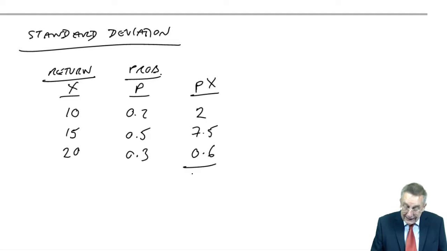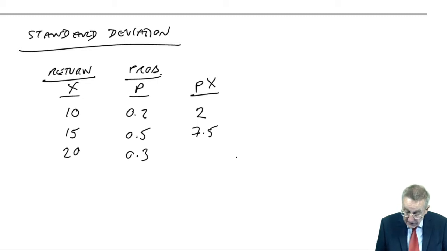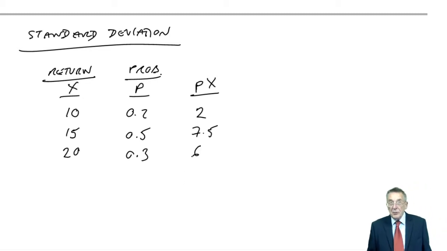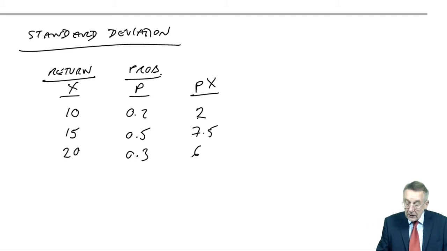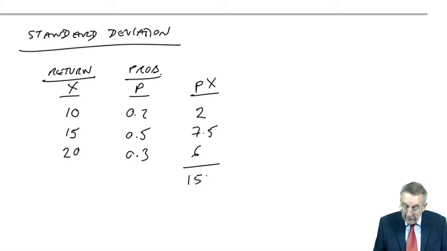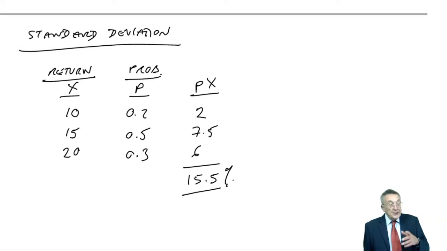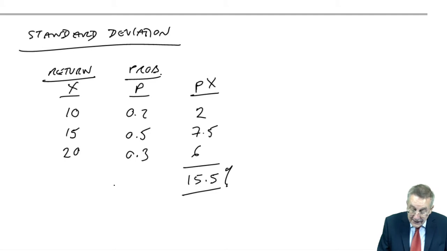The total, I think, oh heavens above, how embarrassing. 20 times 0.3 is 6. That was just to check who was listening. And so the total: 2, 7.5, 6, is 15.5%. That surely is the expected value of the average return. Oh, the other name for it is the mean. Mean's another word for average.